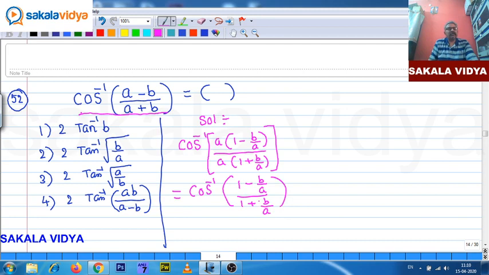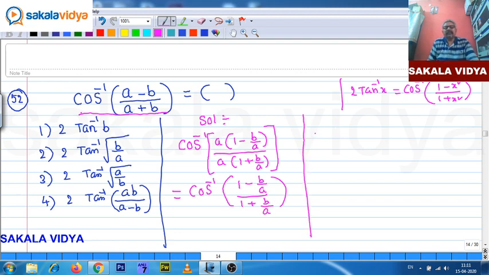If you observe the options, we need to recall the 2 tan inverse x formula in terms of cos inverse, that is cos inverse of (1 minus x square) by (1 plus x square). That means we need to write b by a as a perfect square.